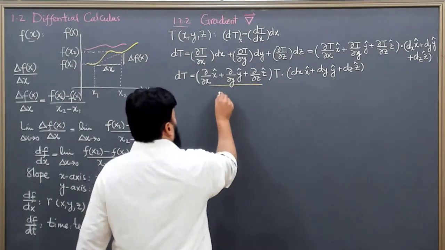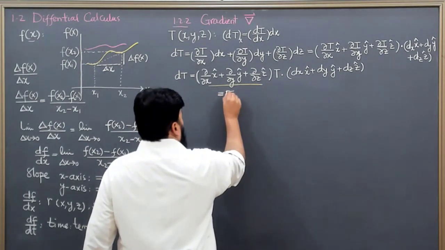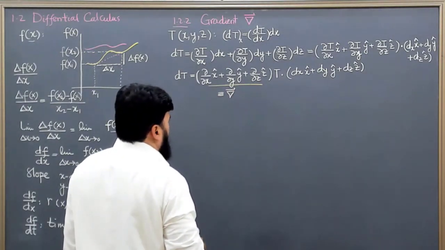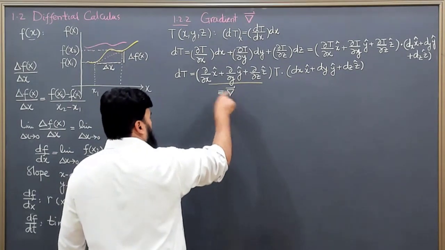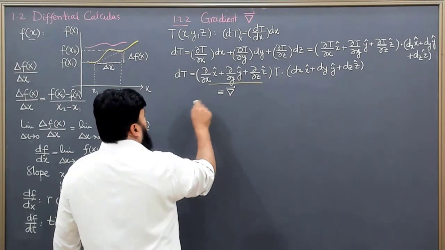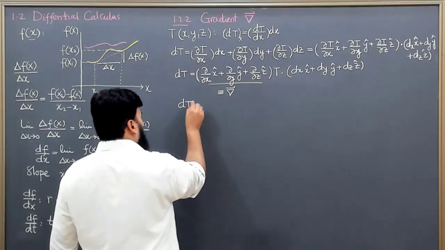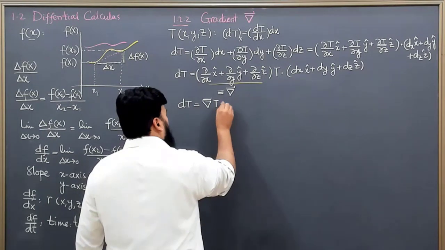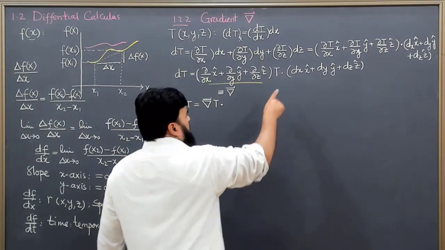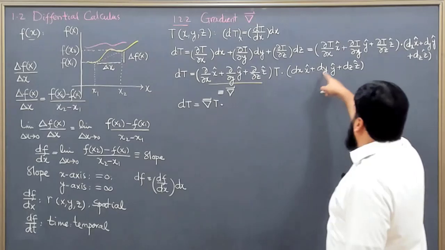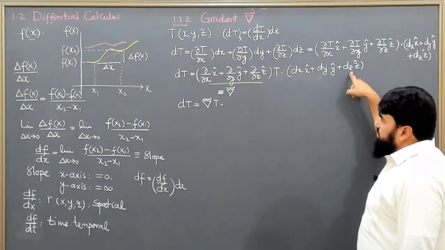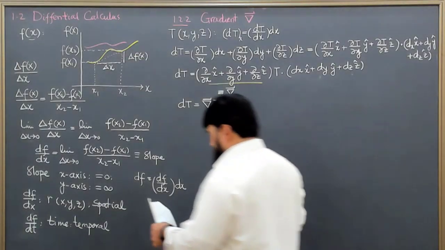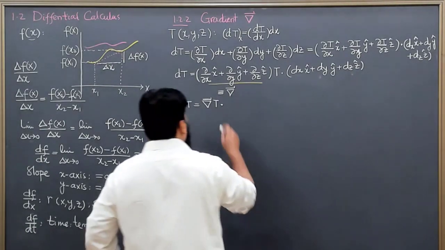So this is defined as the operator del, a vector derivative, a special vector derivative. So I can write that dt is equal to the gradient of t dot dx, dy and dz, as this is equal to r, so it will be dr, or I can write it as dot dl.